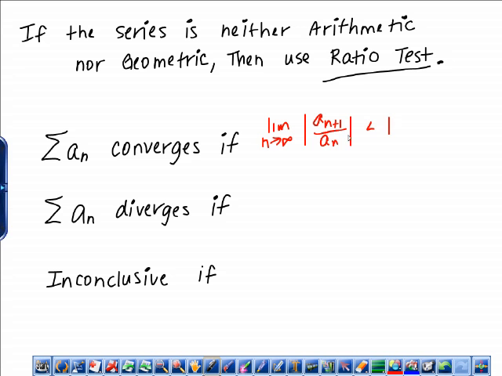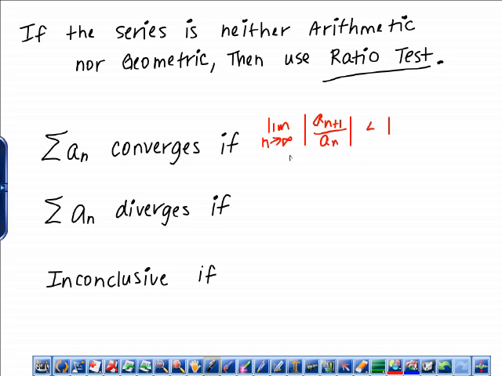This is kind of like the ratio being less than 1. That may be a way you remember it. And you're like, well, what does all this mean? Well, we'll unpack this in a minute when we do an example. But basically, if a sub n minus 1 is the previous term, this would be the next term. If the limit of the next term over the term before it is getting larger and larger, you're not going to have a sum.